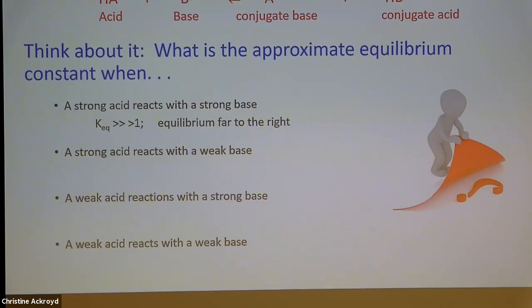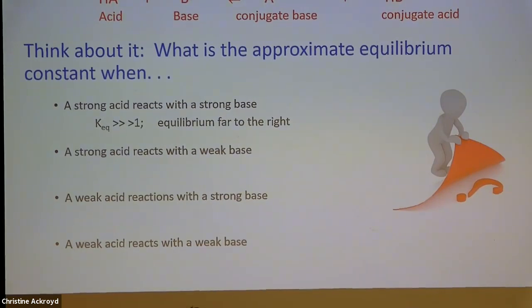Okay, let's do a strong acid reacting with a weak base. This is what we just did. What is the strength of the conjugate base of a strong acid? That's where it shows up as unreactive. What's the strength of the conjugate acid of a weak base? Also weak.